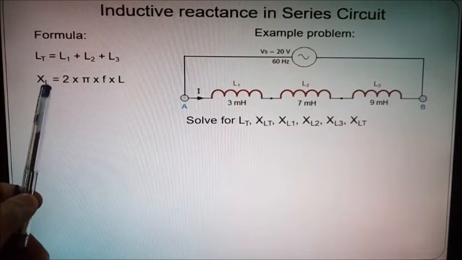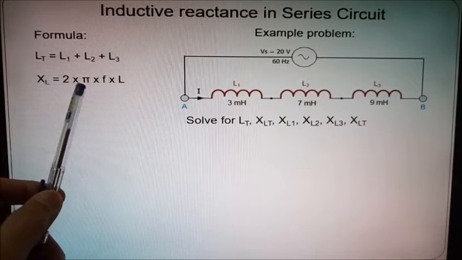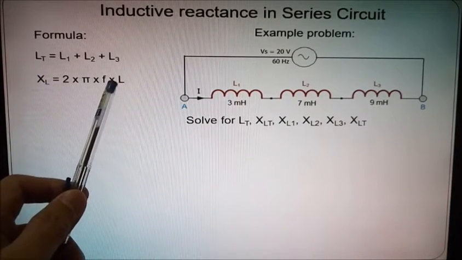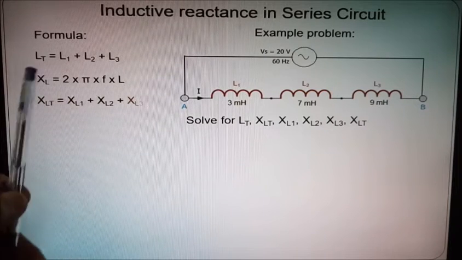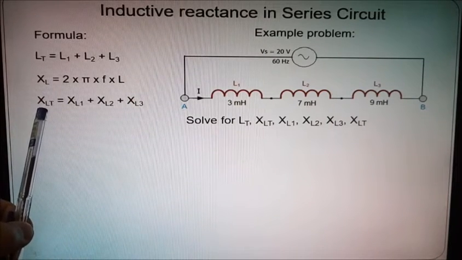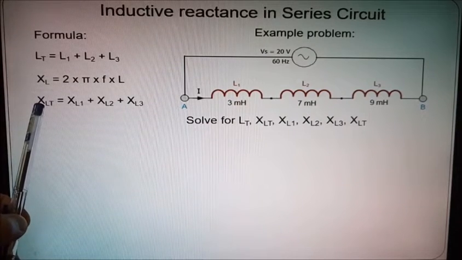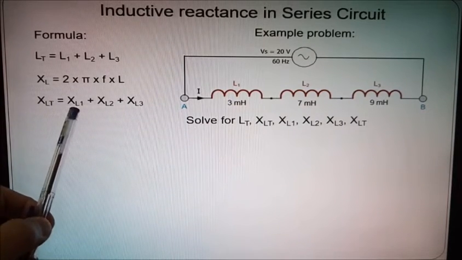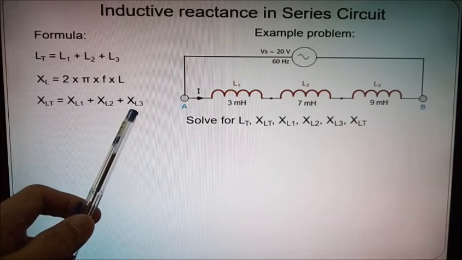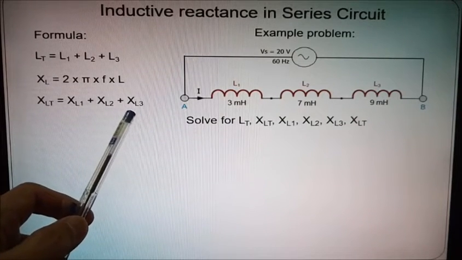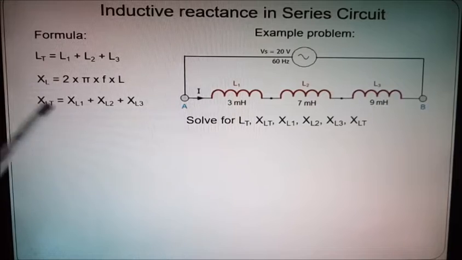The formula for XL is 2 times pi times F times L. And XLT is equal to XL1 plus XL2 plus XL3. Okay, so solution.